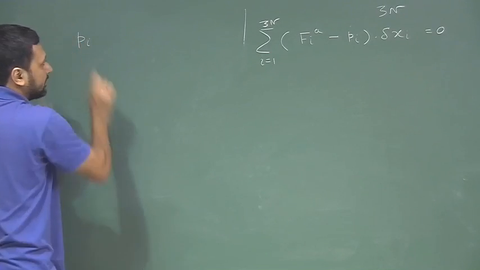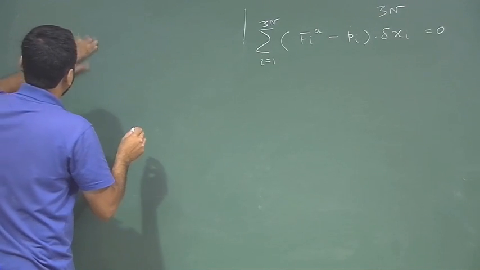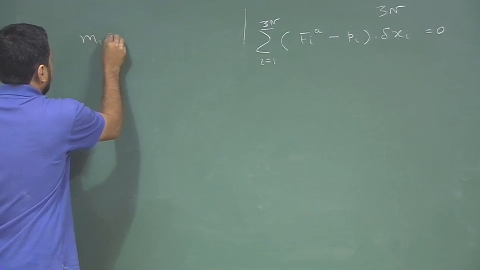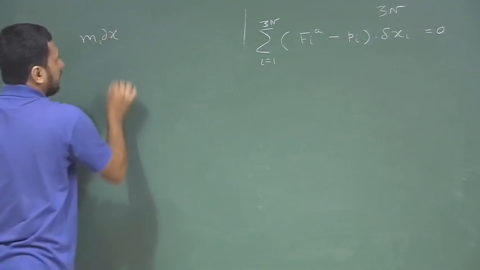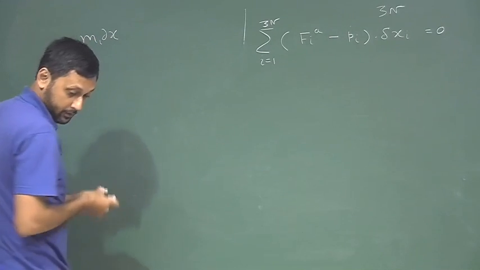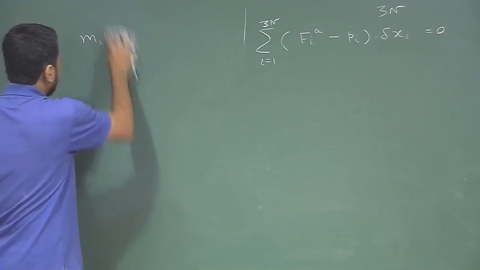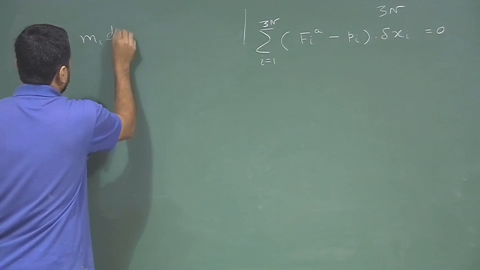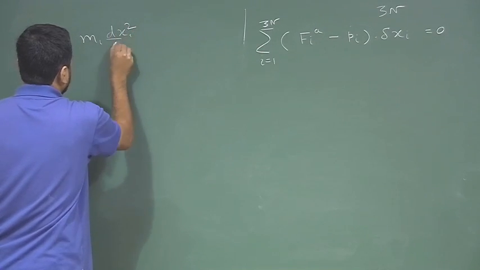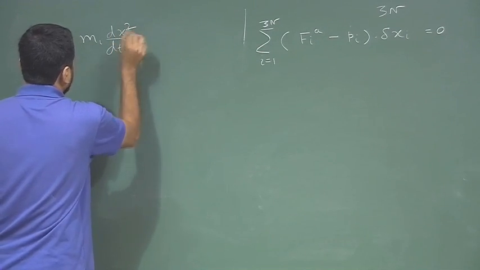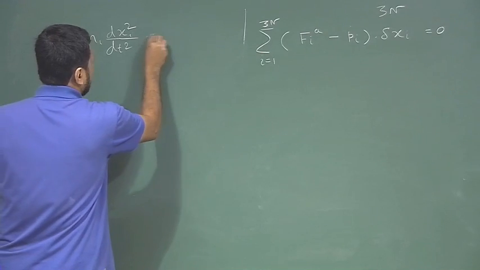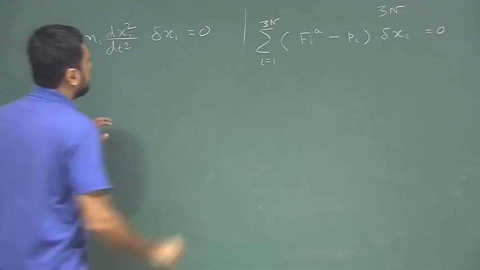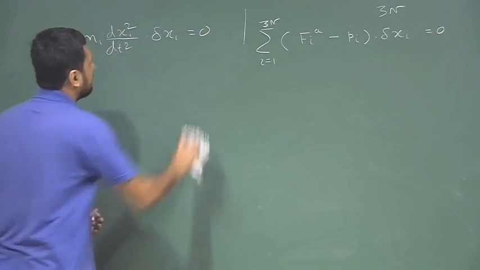Forget about the minus sign, we have the sum over i of m_i d²x_i/dt² times delta x_i.